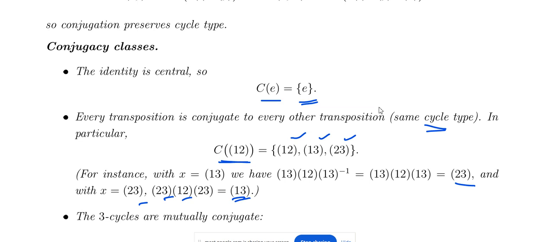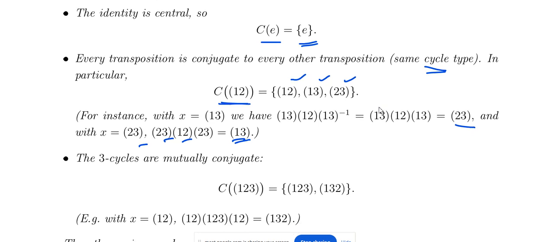If you need, you can check it. But this is the idea. If you check, we get it. 1 goes to 3 here, and here 1 goes to 2. Sorry, 3 goes to 3 and 3 goes to 1. So here 1 goes to 1.